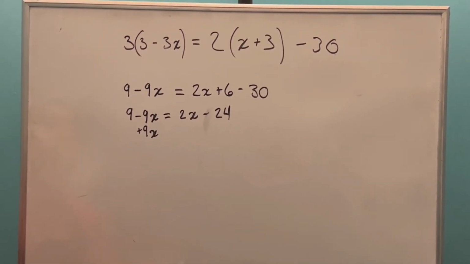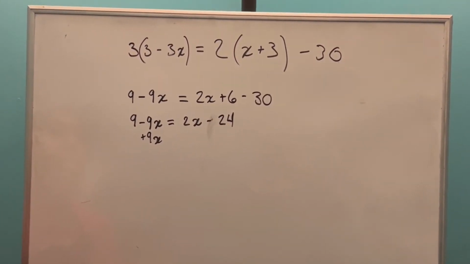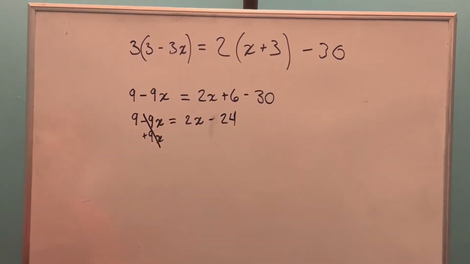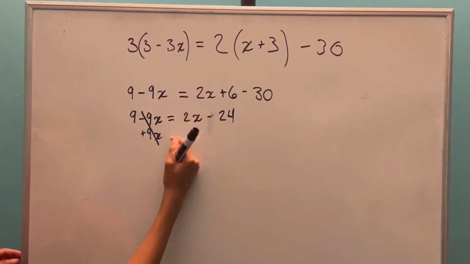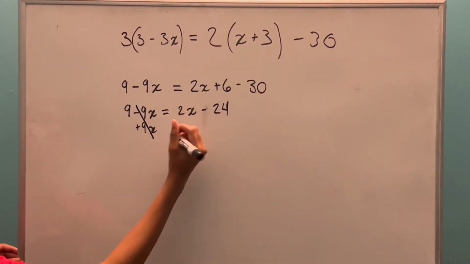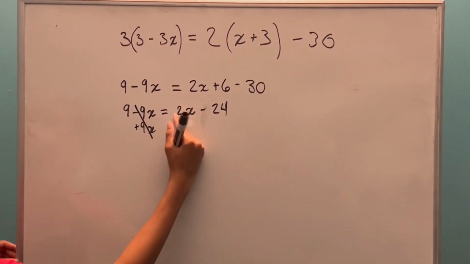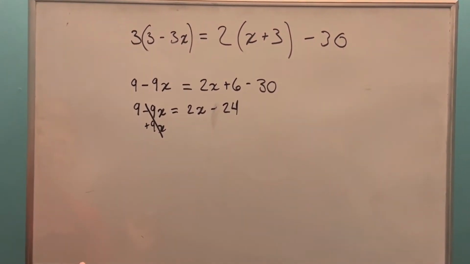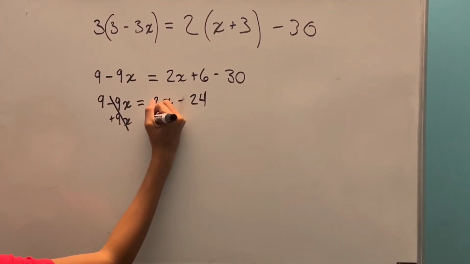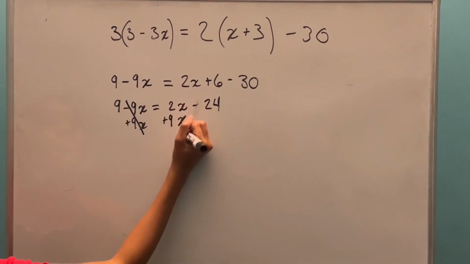Minus 9x plus 9x cancels out. Whatever you do on one side of the equation, you have to do on the other, so you add 9x to the right side too, because it always has to be balanced.